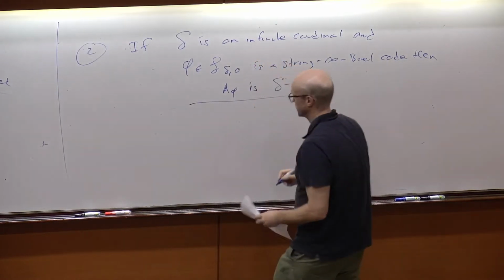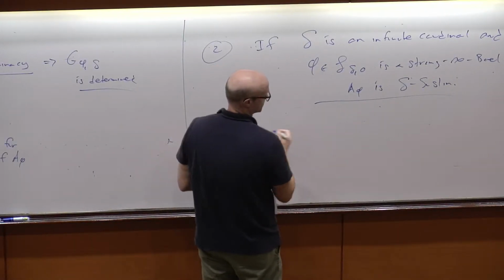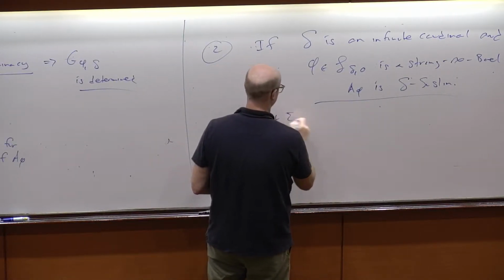And the point is, the definition is just the following, right? Again, it's a strong infinity Borel code, so we can let sigma be a winning strategy for 1.